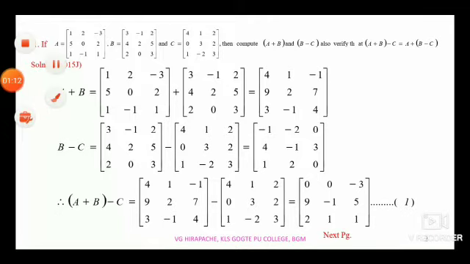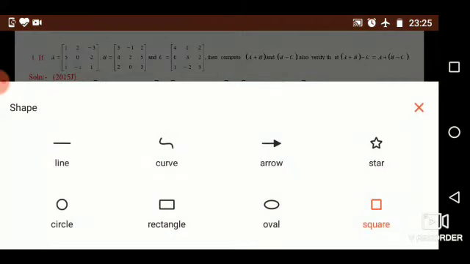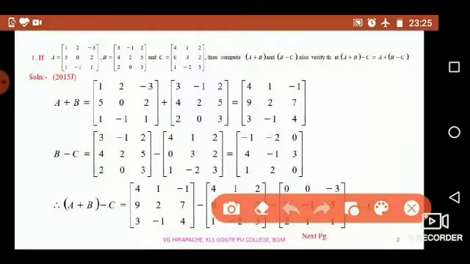Let me begin with first the addition of the matrices, A plus B. Now, as we have seen in the algebra of matrices, the sum of two matrices is again a matrix.